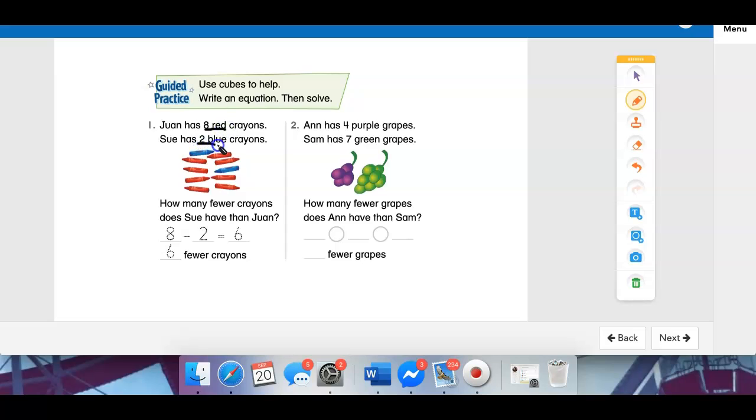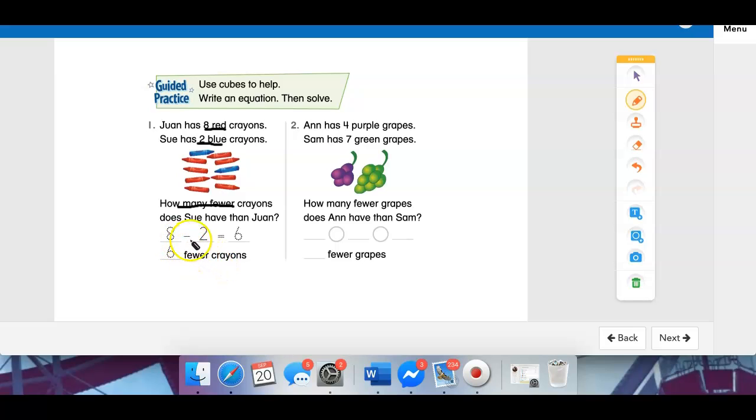Sue has 2 blue crayons. And it wants to know how many fewer crayons does Sue have than Juan? Our subtraction equation is already filled in. We have 8 minus 2 equals 6. And that means Sue has 6 fewer crayons.